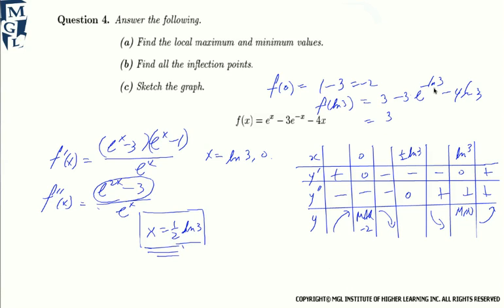So 3, this is going to equal 3 to the power of negative 1 and 4 times ln of 3. That's equal to negative 1. You get approximately 2.4, minus 2.4, approximately.